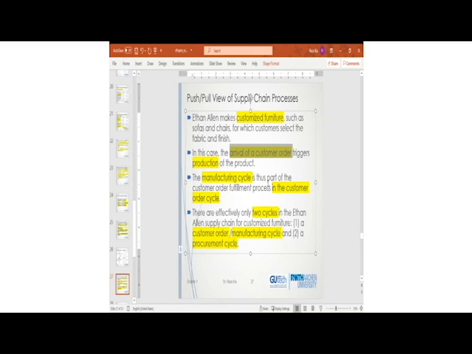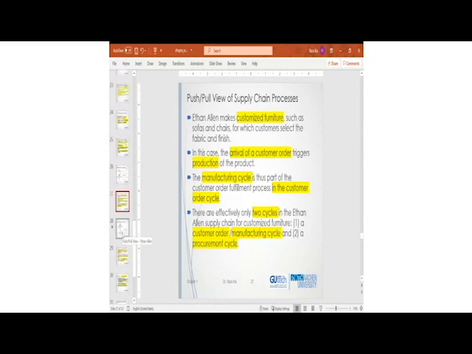But can we say that the whole supply chain process of Ethan Allen is pull or push? No. I mean, this part, the manufacturing cycle, which is combined with the customer order cycle, is a kind of pull view, because the customer order and manufacturing cycle here are merged together. But for the other cycle, I think in the next slide, we will have a good figure over here.